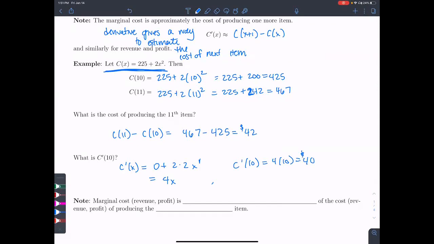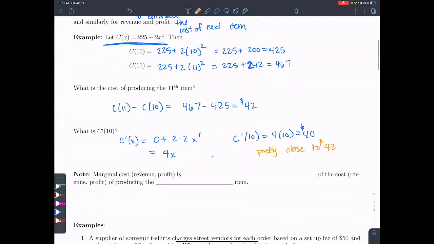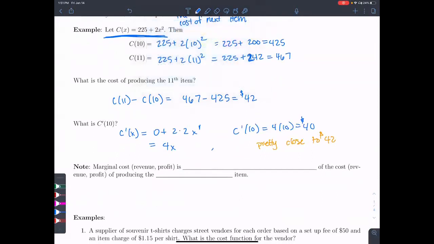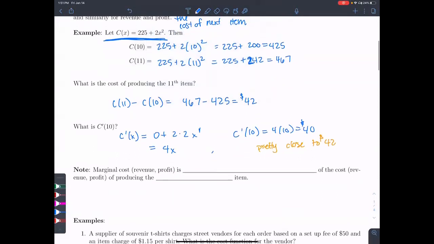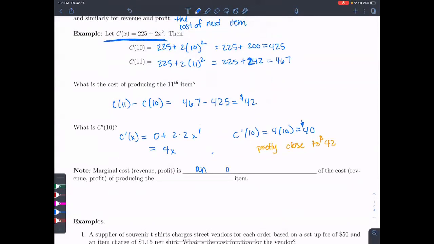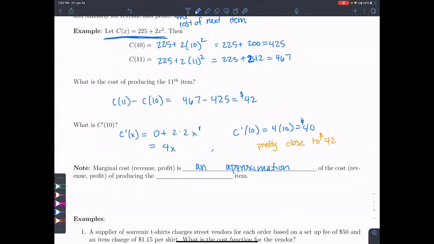So this is a pretty good approximation of the actual cost of producing the next item. So the marginal cost or revenue or profit is an approximation of the cost, revenue, or profit of producing the very next item.